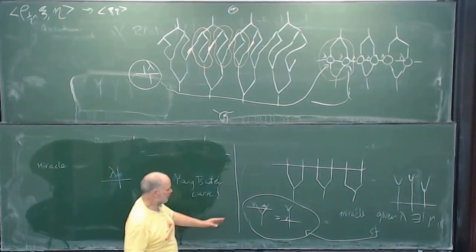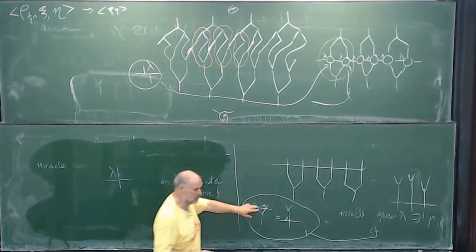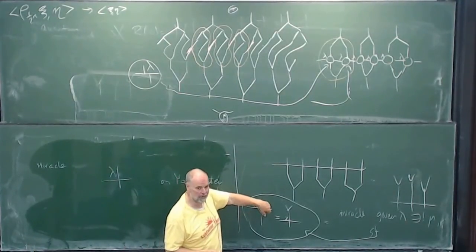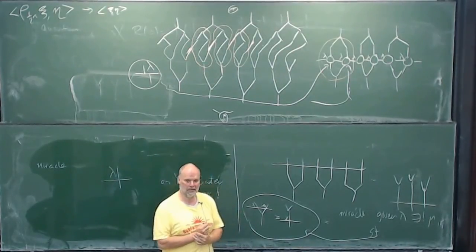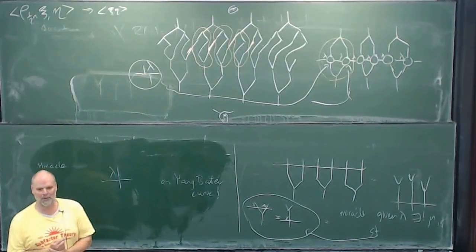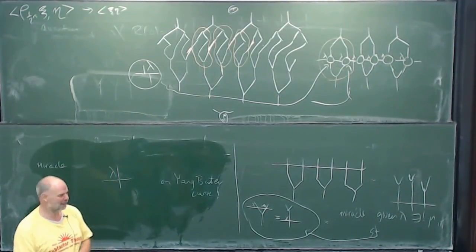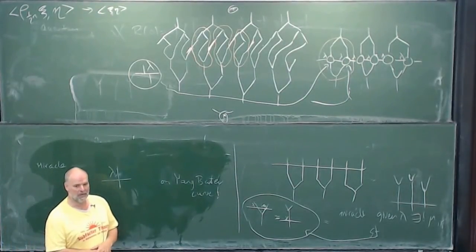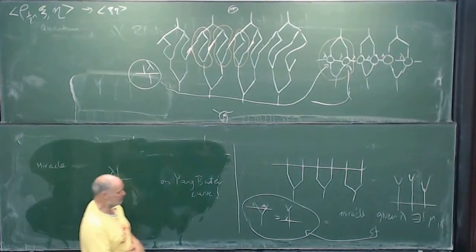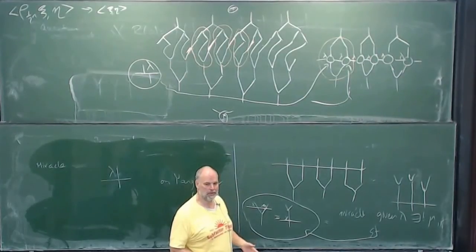In other words, if I give myself two of these, lambda and mu, which may have nothing to do with this diagram, they certainly don't get put in the same picture, there is a third one, lambda plus mu, such that Yang-Baxter holds. Now, I would think this was a real miracle if I hadn't already done a whole lot of other calculations where Yang-Baxter was already somehow implicit. But I cannot say that I understand this at all. This system of quadratic equations, relatively simple, produces a solution of the cubic equations of the Yang-Baxter equation.